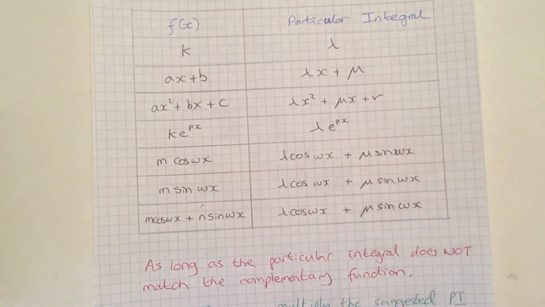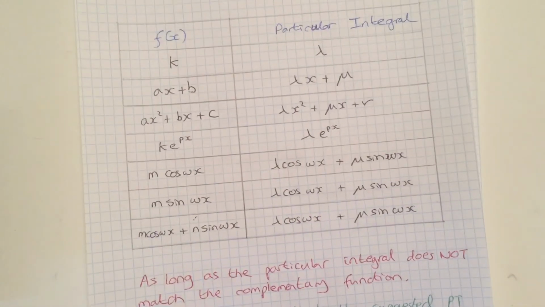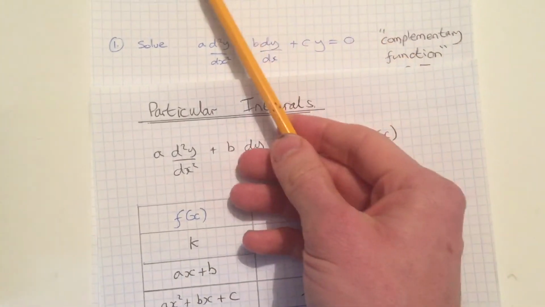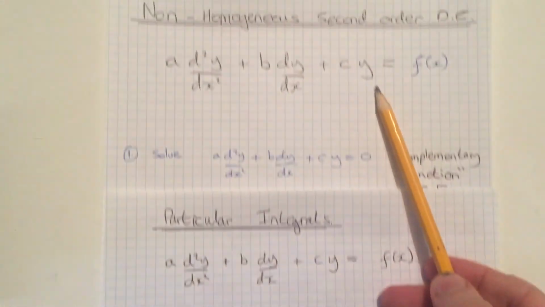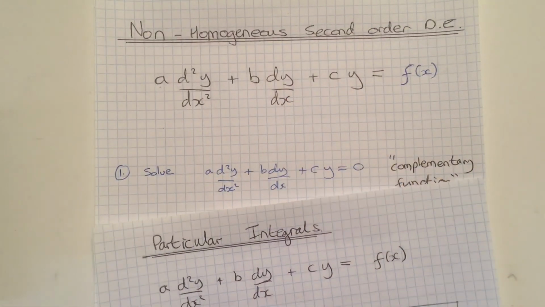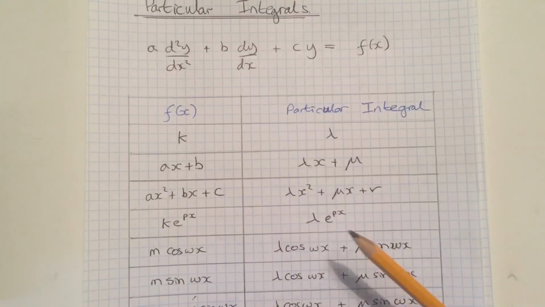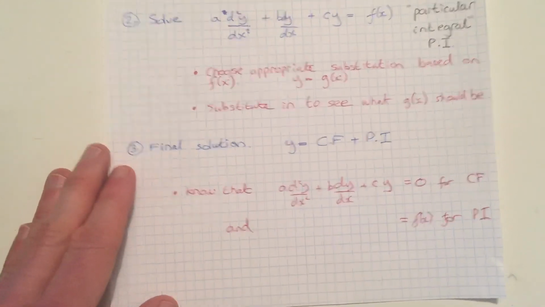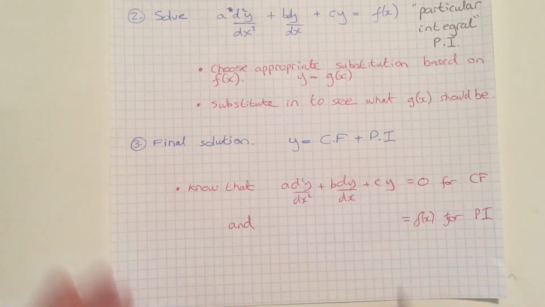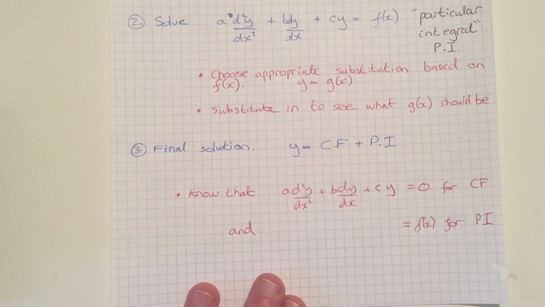You then differentiate your particular integral twice so that you can substitute it into the original differential equation and figure out what your constants have to be. Then at the very end, you can just add your two answers together to get the general equation.